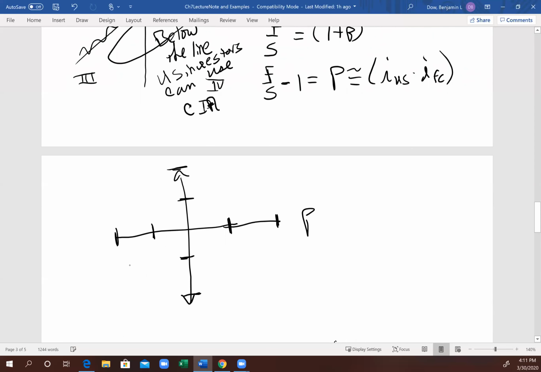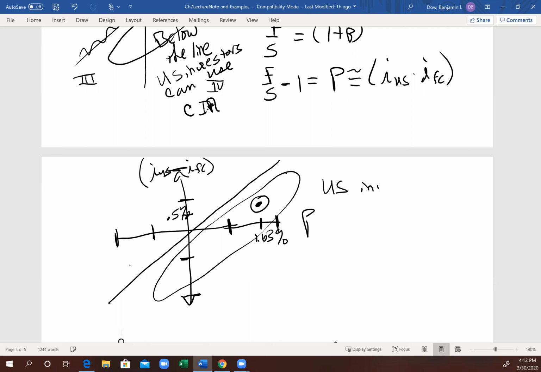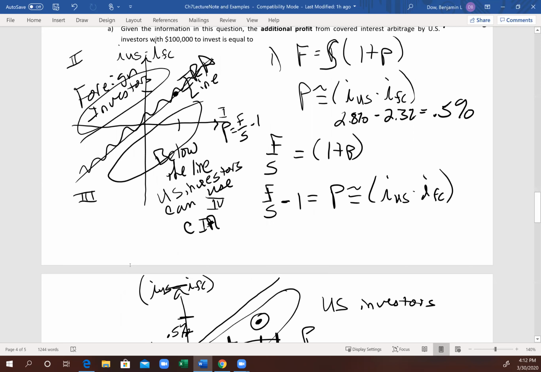So if I go out here to 1.63%, but I only go up 0.5%, then that puts me right in here. And I went up 0.5% because this is the difference between interest rates. Okay. So if I go over 1.63% and go up 0.5%, then I'm clearly below the line, which is where US investors can use covered interest arbitrage. And we'll be able to see it mathematically here.